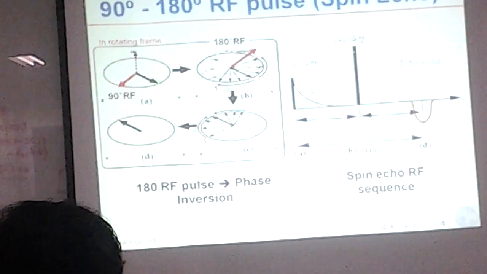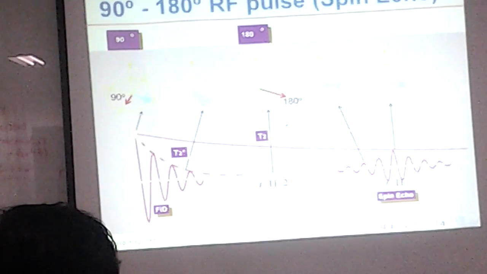So, I said there are two kinds of MRI signal, FID and echo signals here. So this slide shows the principle of the process of spin echo generation.